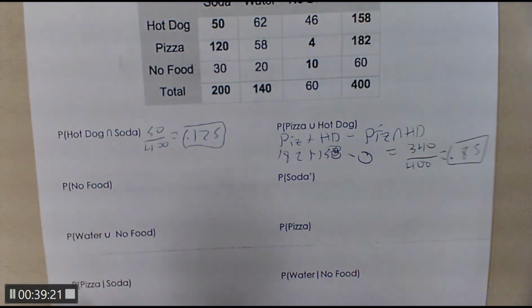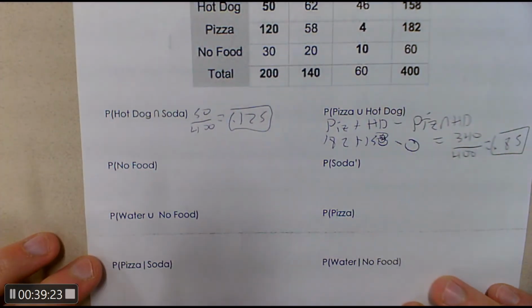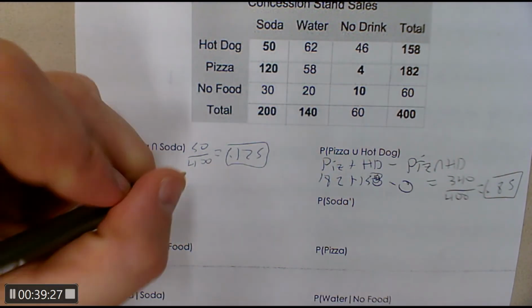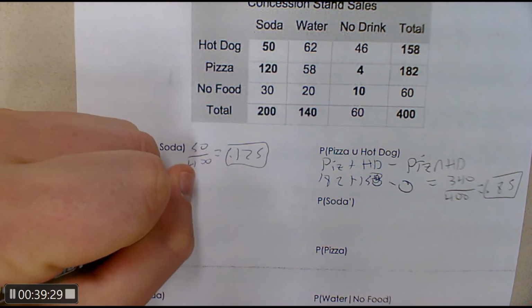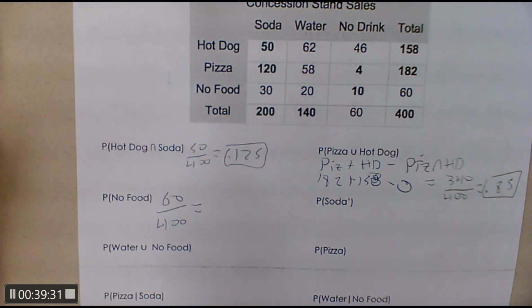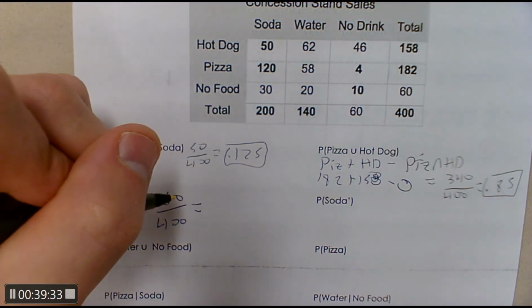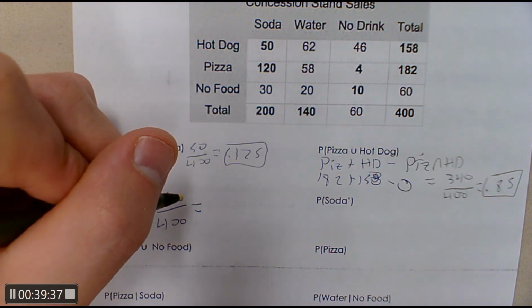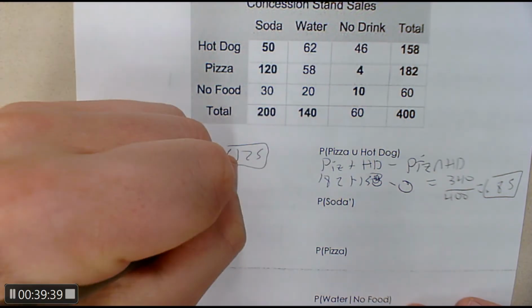Probability of no food. This is tricky because it seems like it should be more complicated, but there's only 60 no fooders. Divided by 400 total surveys, 60 divided by 400 is 0.15.